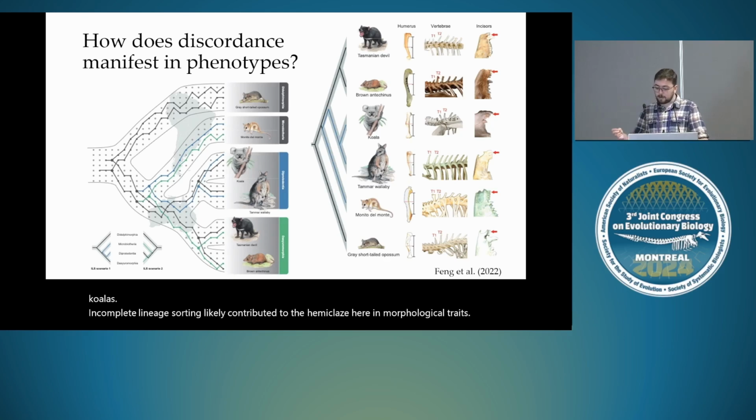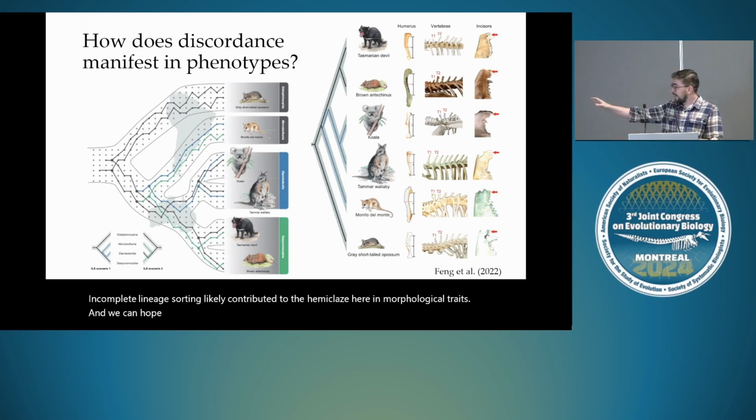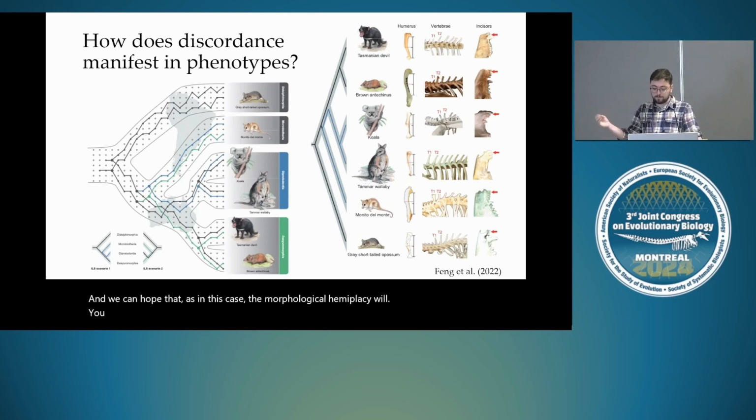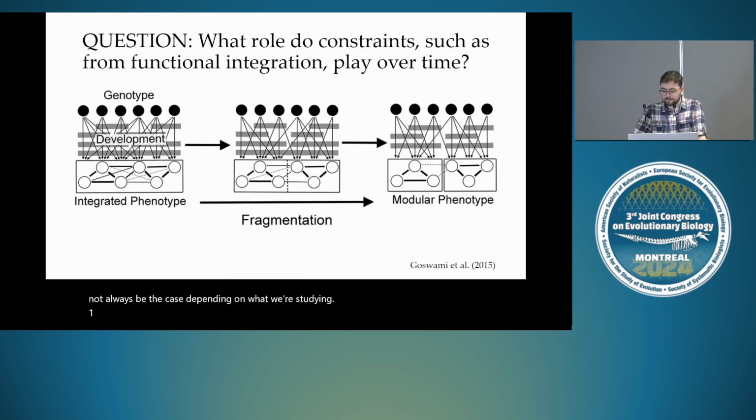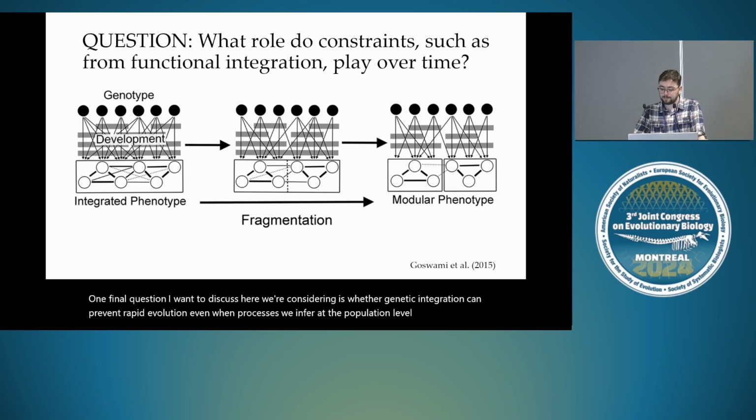And we can hope that, as in this case, the morphological hemiplasy that we may observe will map very easily onto genomic discordance, but we know that that may not always be the case, depending on what we're studying. One final question I want to discuss here that we're considering is whether genetic integration can prevent rapid evolution even when processes we infer at the population level would anticipate it.